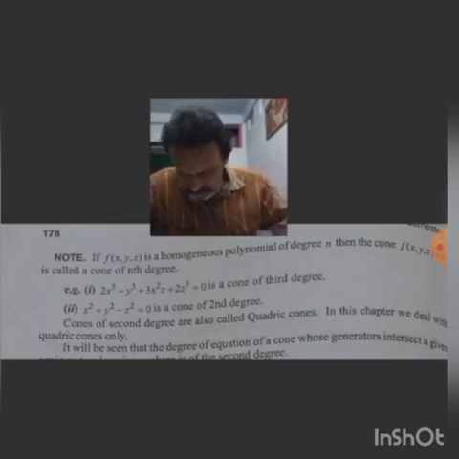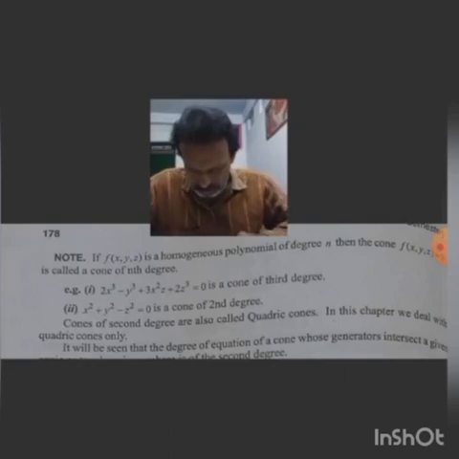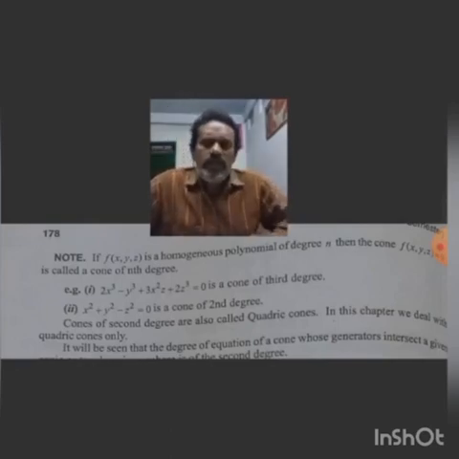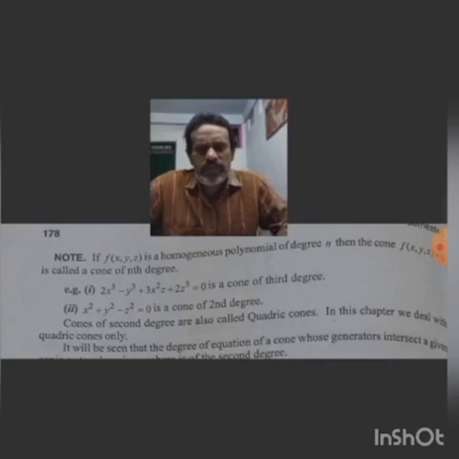2x cube minus y cube plus 3x square z plus 2z cube is equal to 0 is a cone of degree 3, that is a third degree cone. Basically, a cone is a second degree equation. So you may have x square, y square, z square, xy, yz, zx, like that combination.